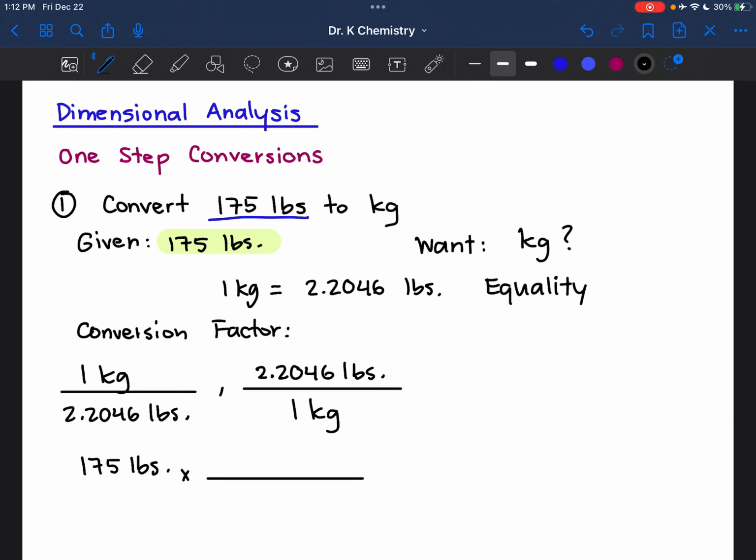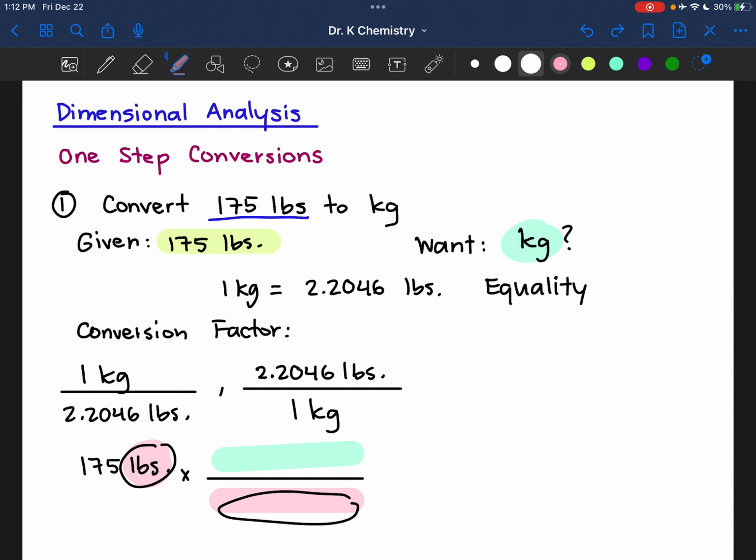Then I'm just going to multiply this by a conversion factor to get to where I'm trying to go, which is kilograms. The unit that we are trying to end with is always going to have to go up top. So I do want to end in kilograms in the numerator. And the unit that we are trying to cancel is always going to have to go diagonally from where that unit was to begin with. Notice that here pounds are up top, which means that in order to cancel them, we need to put pounds on the bottom, diagonally from the pounds that we started with.